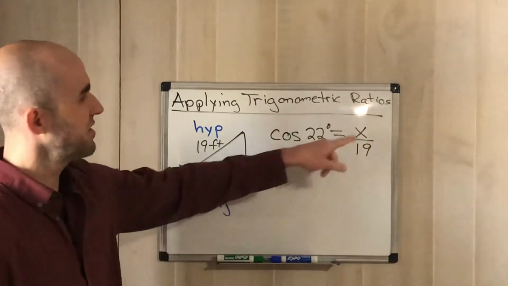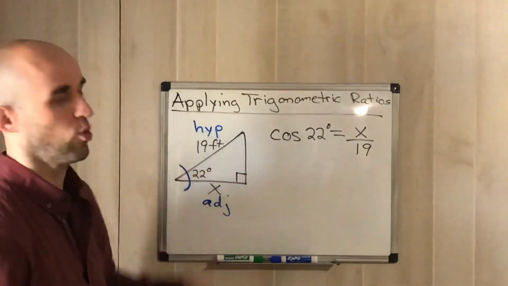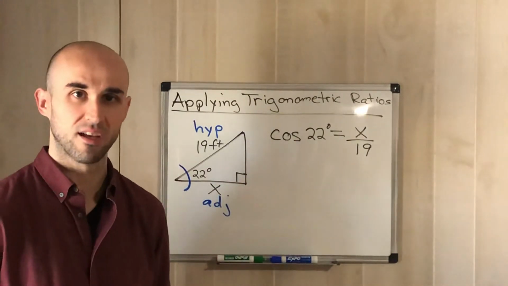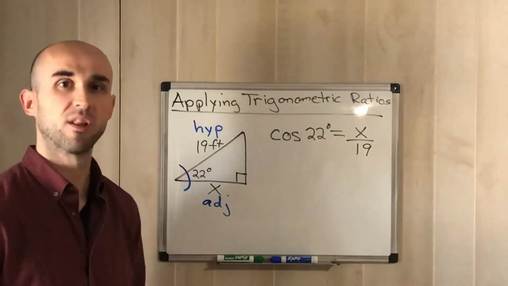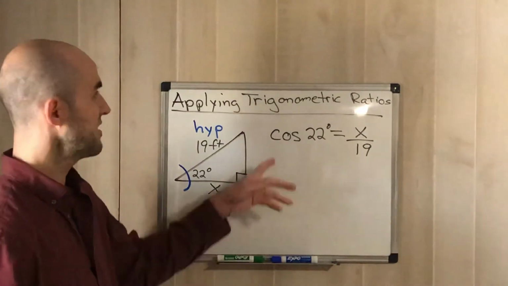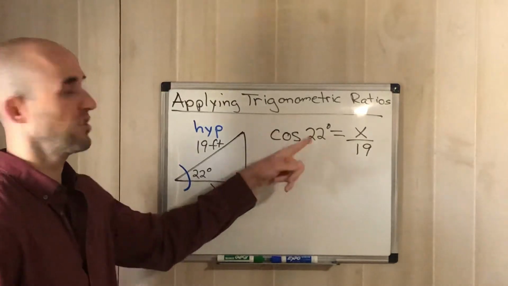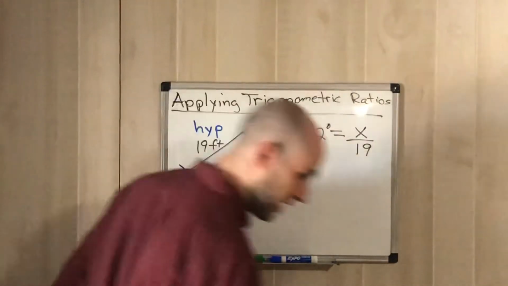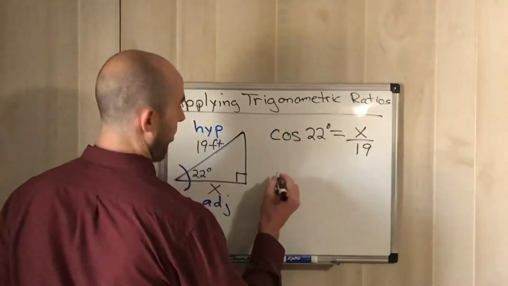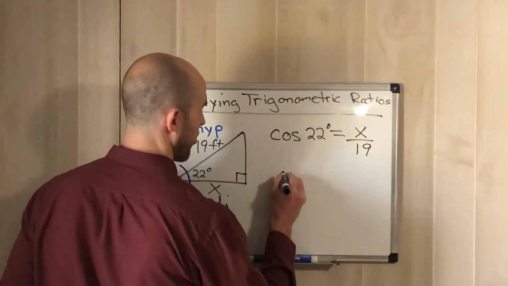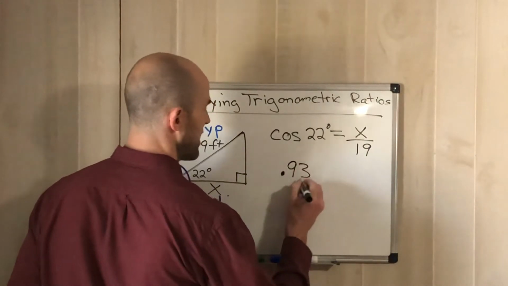Because in order for us to solve for x, we need to calculate what cosine of 22 degrees is. So we literally press the button that says cosine and do 22 degrees. Once you type in cosine of 22 degrees, it will give you 0.93. We're estimating it.